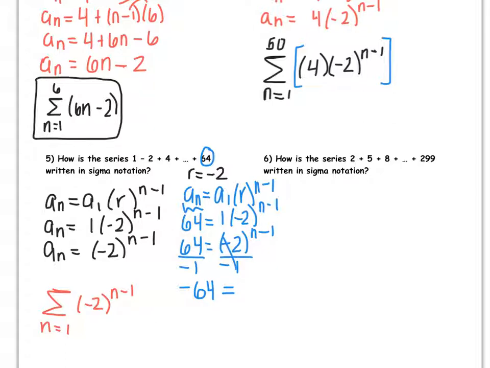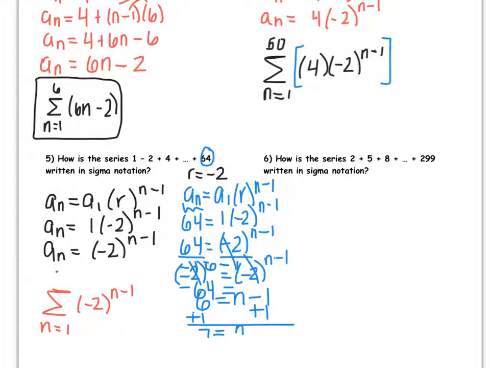Now this next part's a little tricky, but you actually can make a common base with the negative 2. If you raise negative 2 to the 6th power, you'll get 64. And then negative 2 to the n minus 1, and then you can cross off the common bases, and you get 6 equals n minus 1. Add 1 to both sides, and you get n is equal to 7. So that would be your number of terms here.